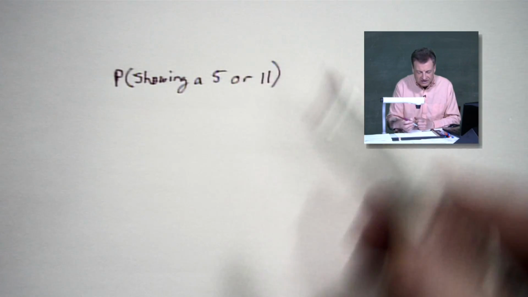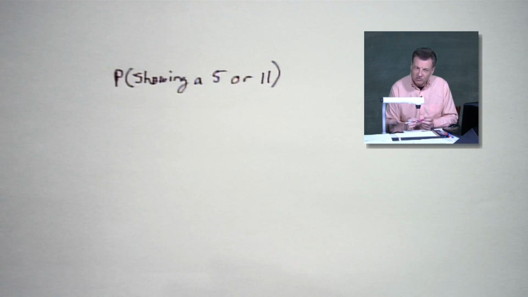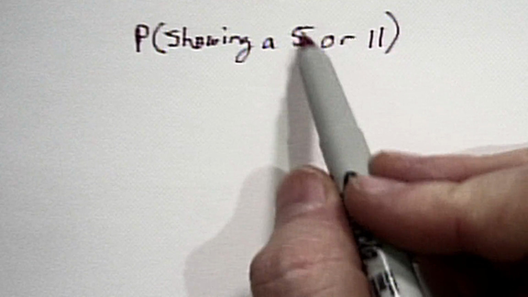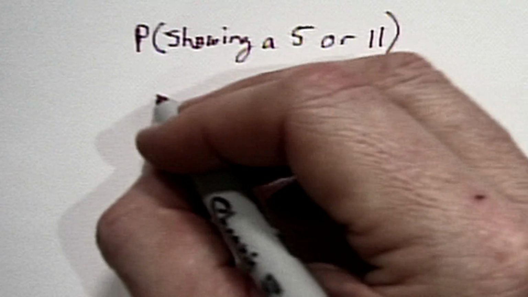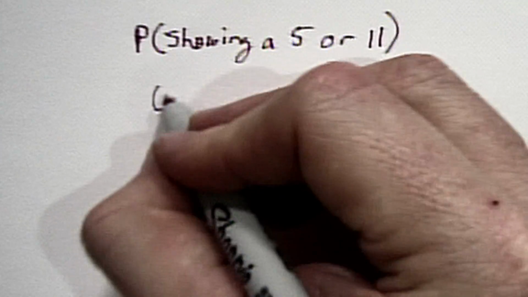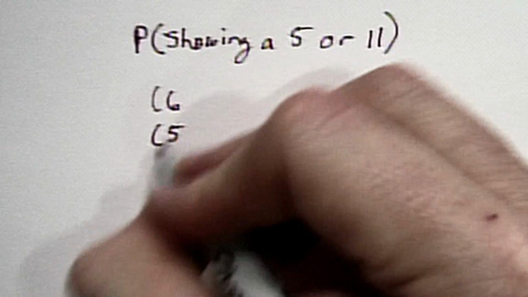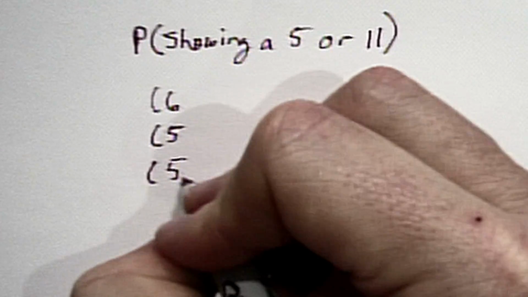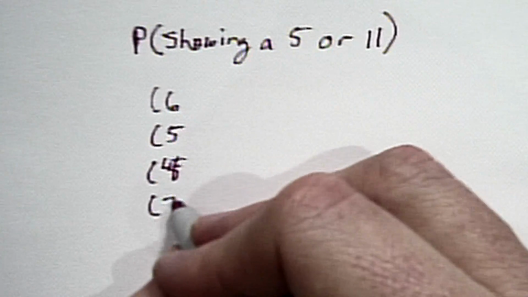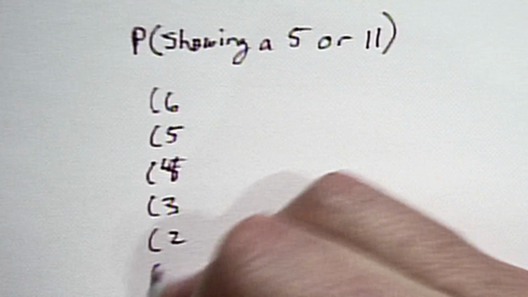But if I looked at this as another situation, remember I said rolling a 5 or 11, I really left it kind of open for you. So let's suppose the upper face is showing a 5. There are 6 ways that could happen on the red die. So we have 6, 5, 4, 3, 2, 1.